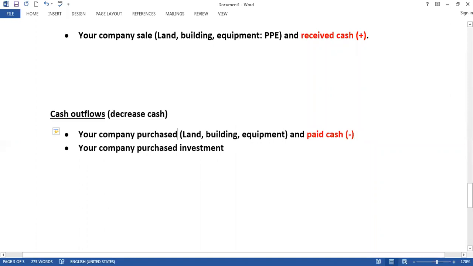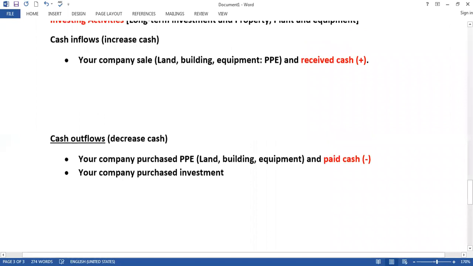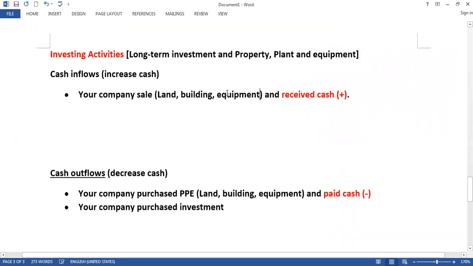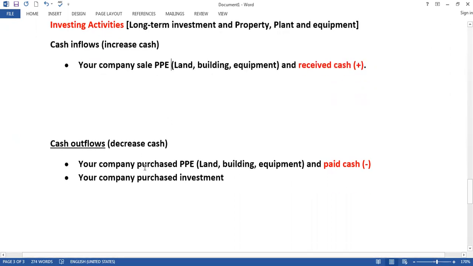Your company purchased property, plant, and equipment, and your company sell property, plant, and equipment. So first example, we see that your company purchased property, plant, and equipment and sell property, plant, and equipment. And here property, plant and equipment means land, building, equipment.